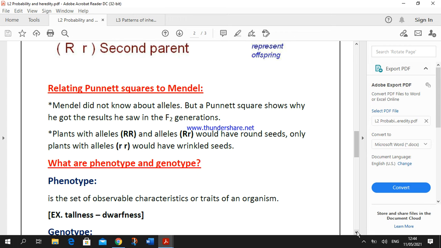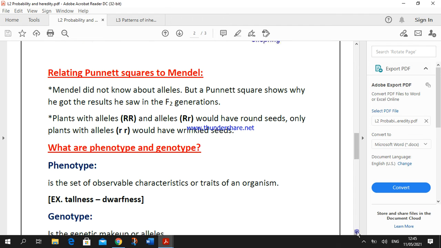The plants with alleles RR and Rr would have the same appearance of the trait. All of them have round seeds. Only plants that carry alleles rr would have wrinkled seeds.